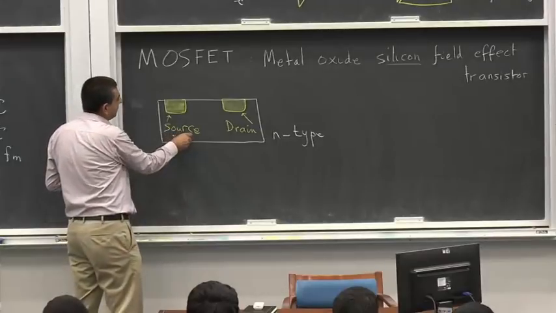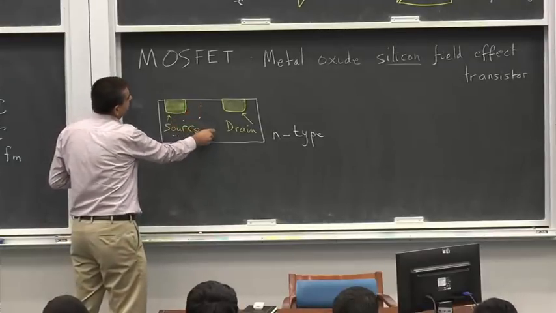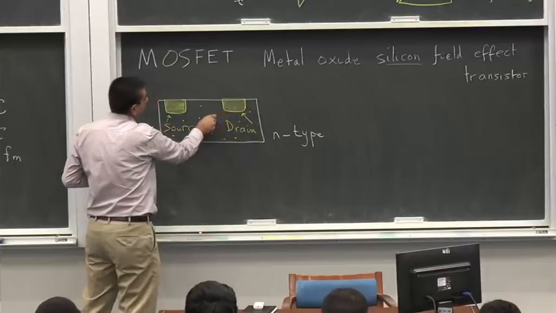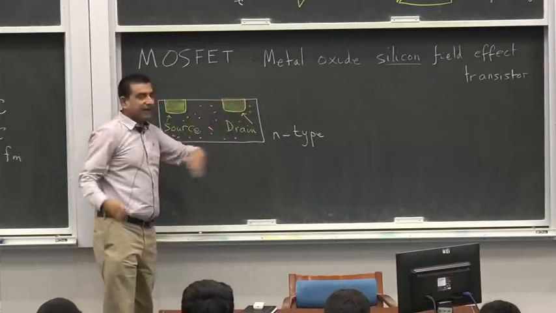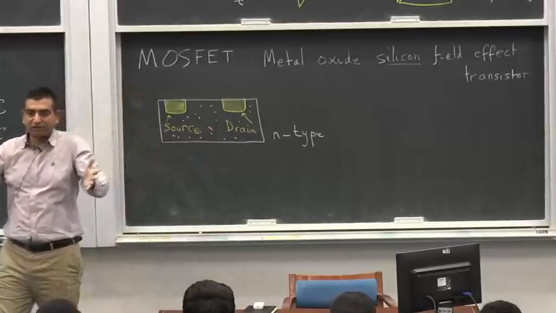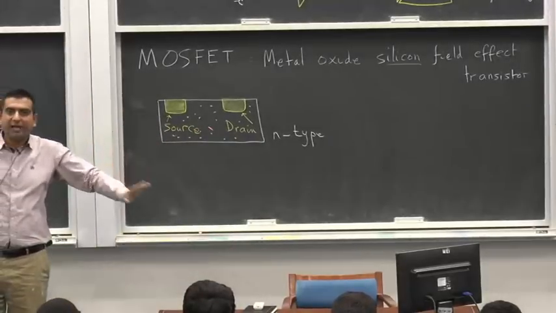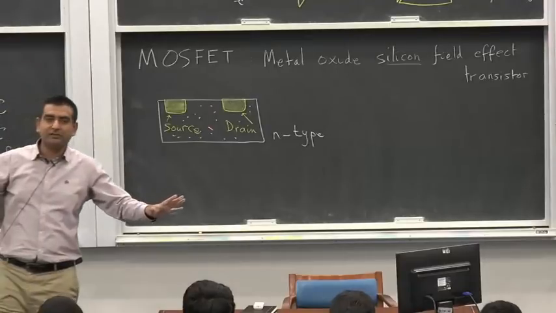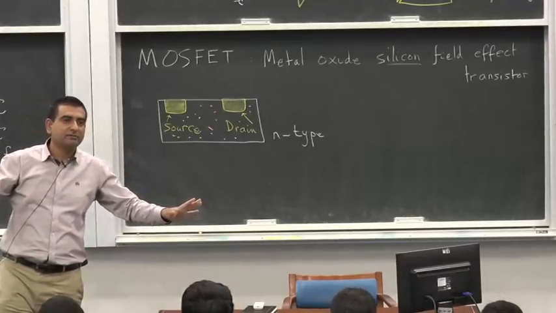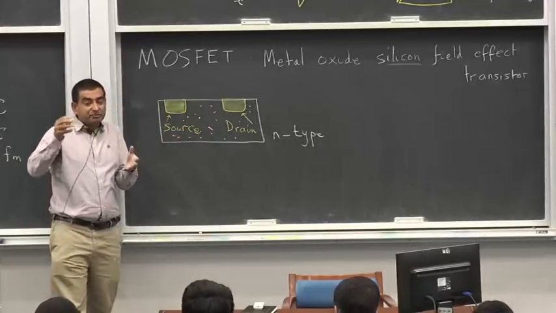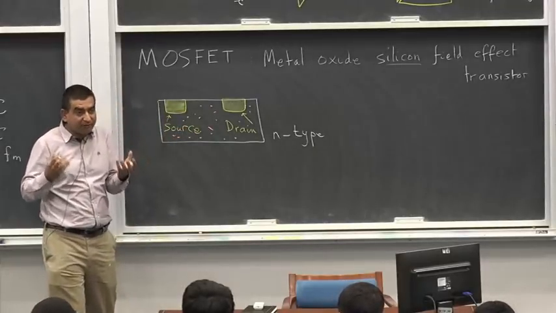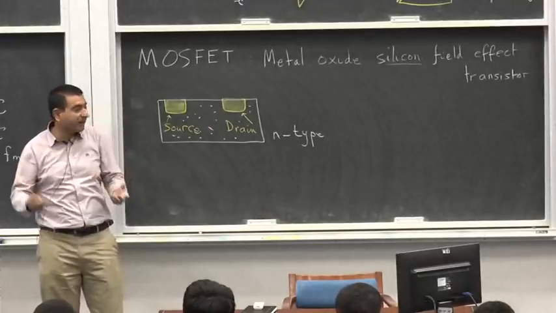And these charge carriers will be all around. These are electrons, because it's an N-type semiconductor. So in an N-type semiconductor, there are excess electrons inside the substrate. Have you all studied semiconductors at this level? Now these are metals, so these have a large concentration of free electrons. That's what makes metals conducting.